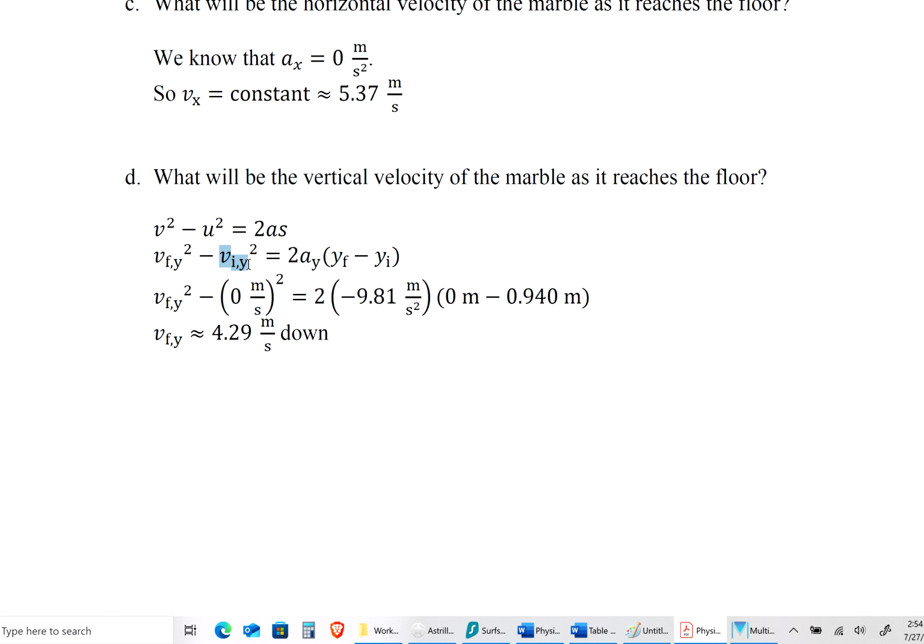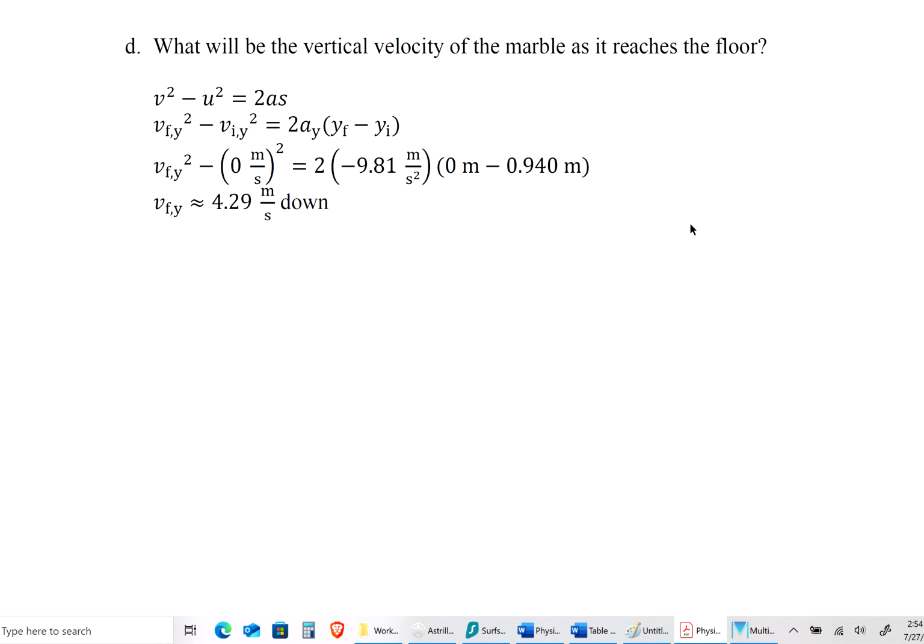V initial we know is 0 on the y-axis. A sub y is minus 9.81. Y final is 0 and y initial is 0.940. So solving for V final y, we get 4.29 meters per second down.